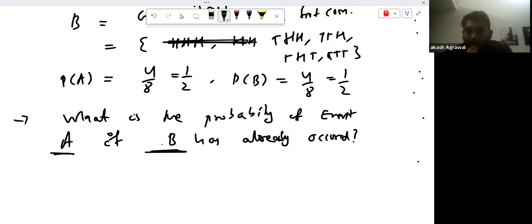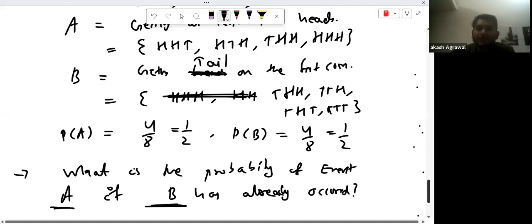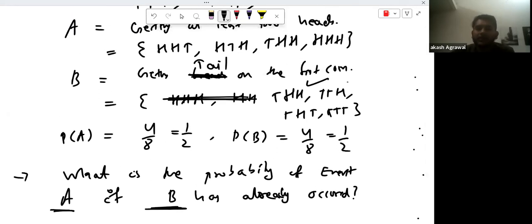Whenever we have conditional probability, remember this: whatever has already happened is the new sample space. So let's look at this. B is the sample space here: THH, TTH, THT, TTT. So the number of elements in this is 4. And the probability of A happening, getting at least 2 heads.